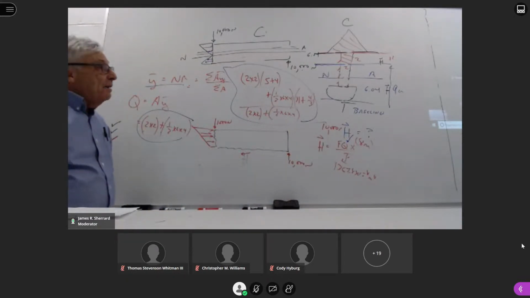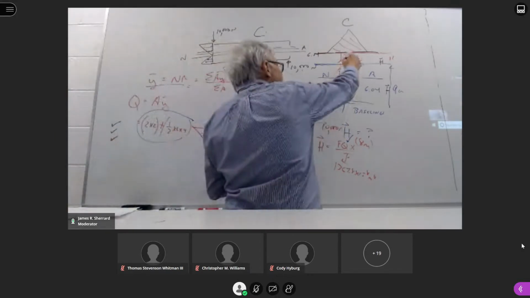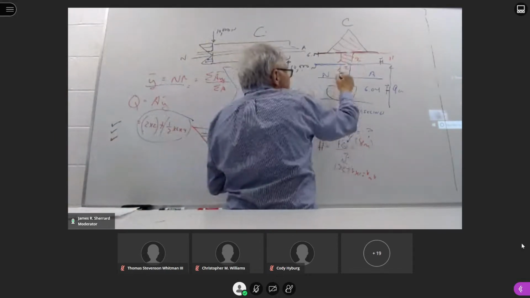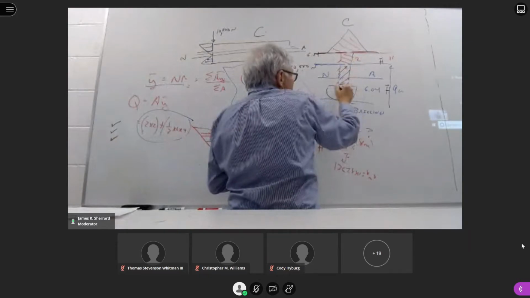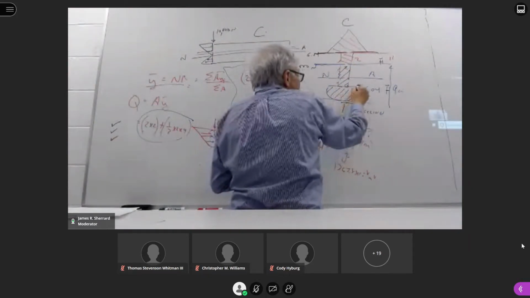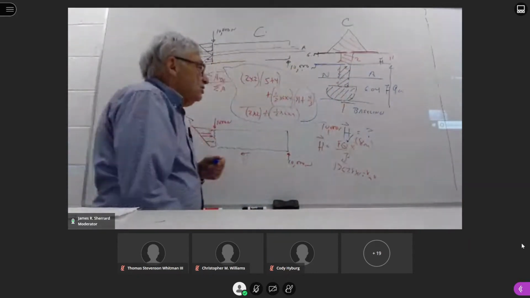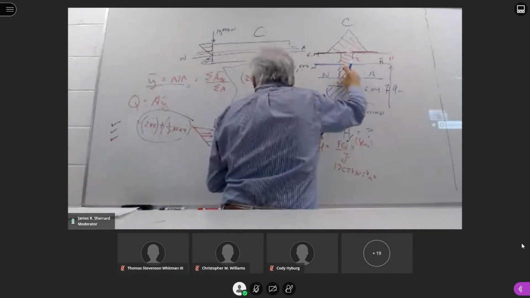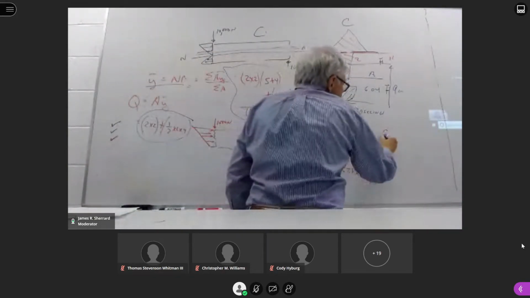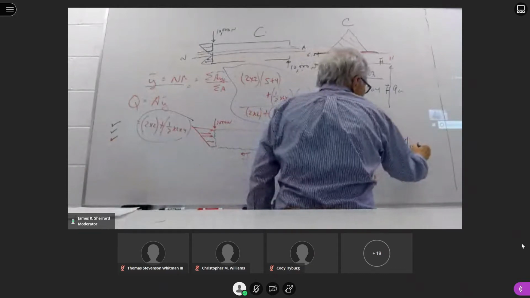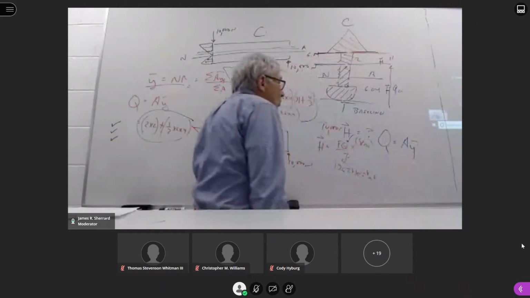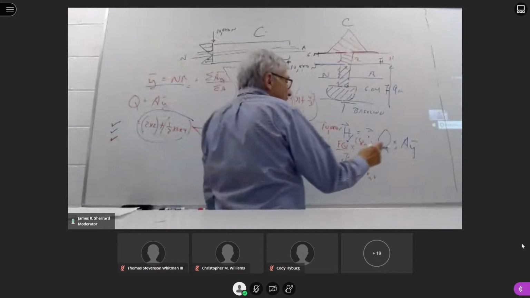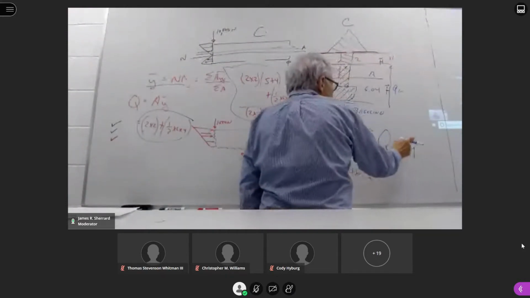Could you have done it the other way? Absolutely. You could have said, let's look at the H, it's below this. So I'd have to look at this area plus that area. So I'd have to get this area, add it to this area to come up with my total A. Then I have to find a new little neutral axis for this guy.